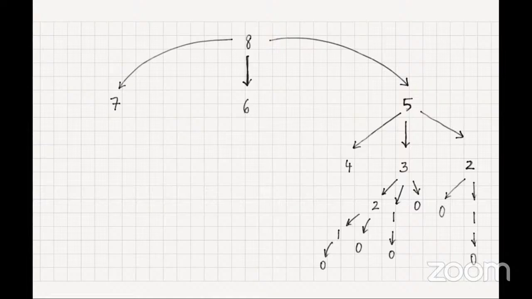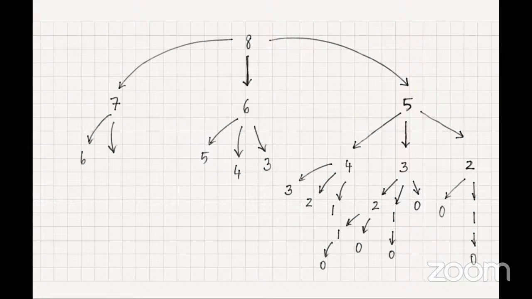So from 4, you can be left with 3, 2, or 1, depending on how many tokens you remove, and we've drawn out all of those game trees, so we know what's going on. From 6, you can be left with 5, 4, or 3 tokens, based on how many you remove. And from 7, you could be left with 6, 5, or 4, depending on how many you remove.